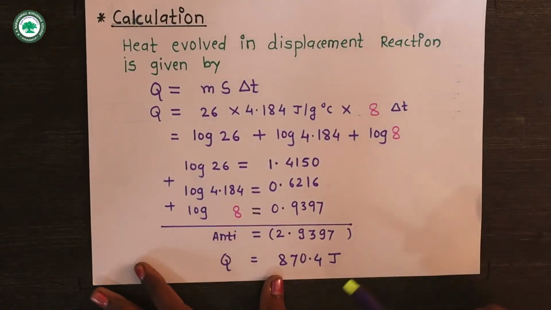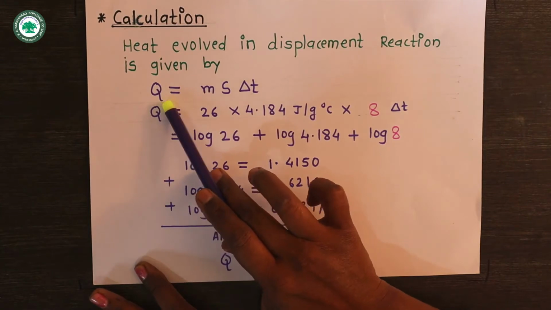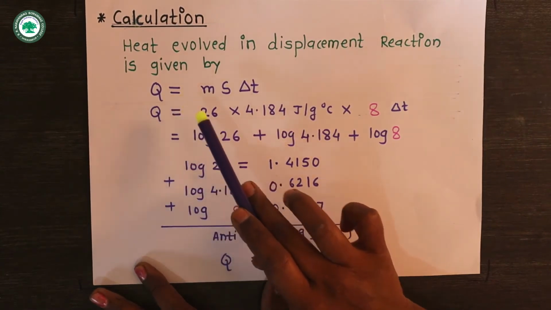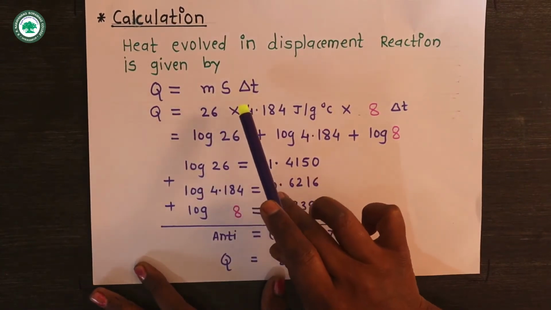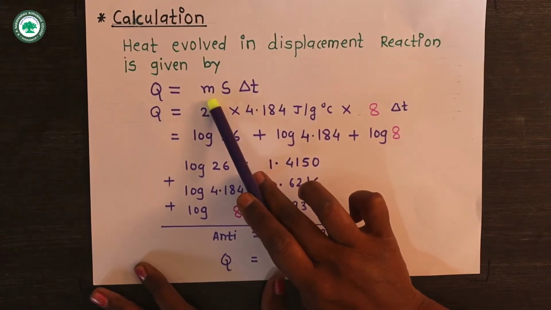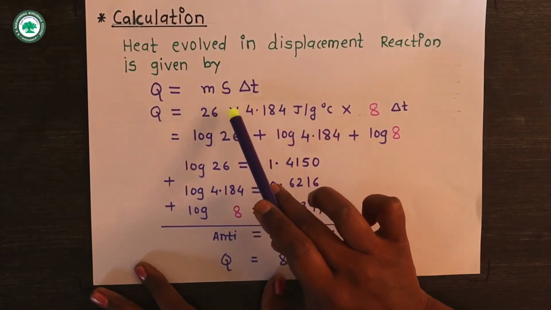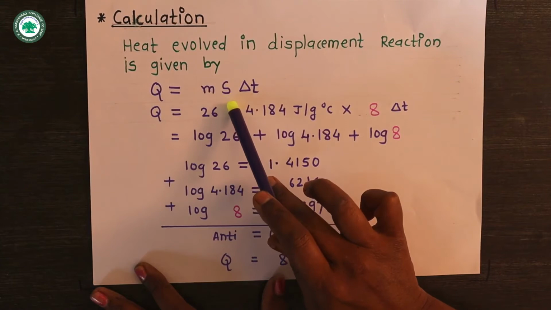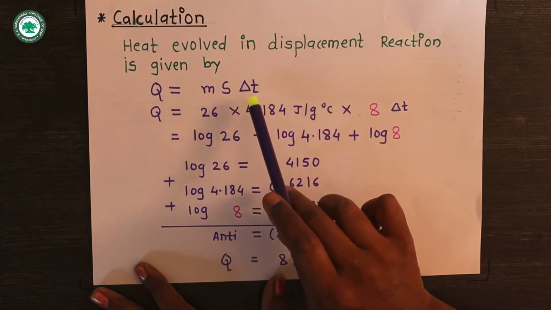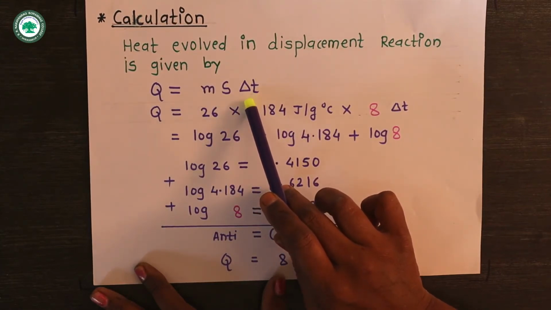Now let us consider the calculation. Heat evolved in the displacement reaction is given by the formula capital Q, that is heat evolved, is equal to m into S into delta T. M means total mass of the solution, S is the specific heat of water, and delta T is the rise in temperature.